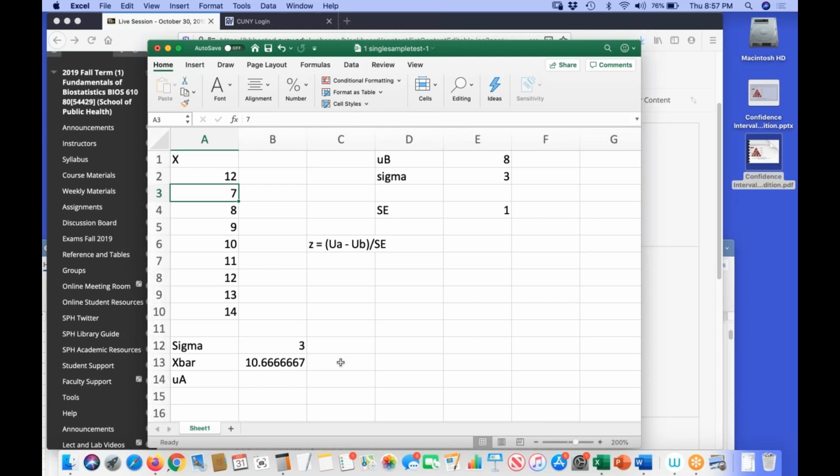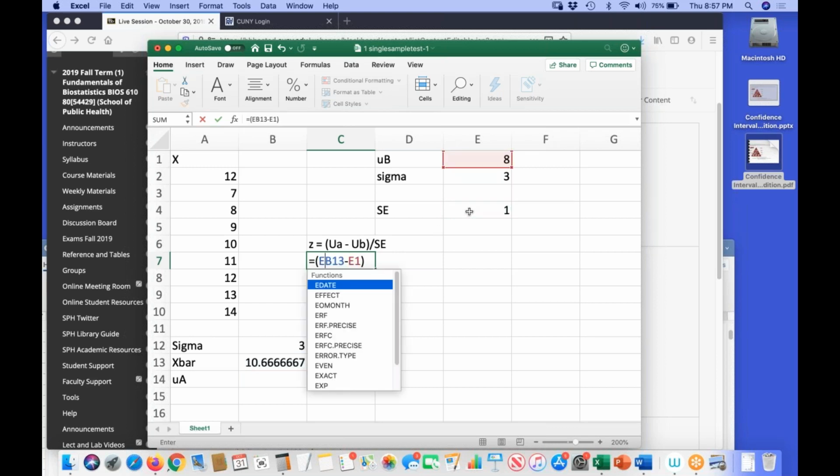Okay, so now I'm going to calculate my Z-score. My Z-score is equal to the difference between the two means. In other words, instead of mean A, I got X bar, right? So I'm going to take that. Let's see, X bar is 10.66 minus 8. I'm going to put those in parentheses and divide by the standard error, which is 1.